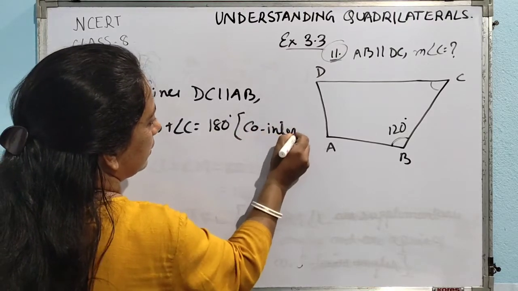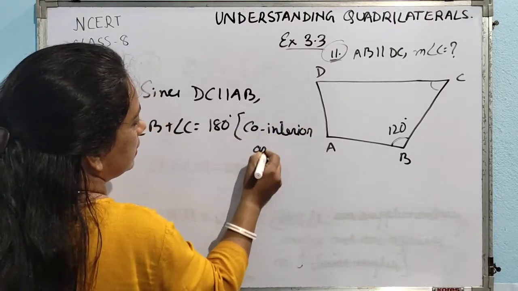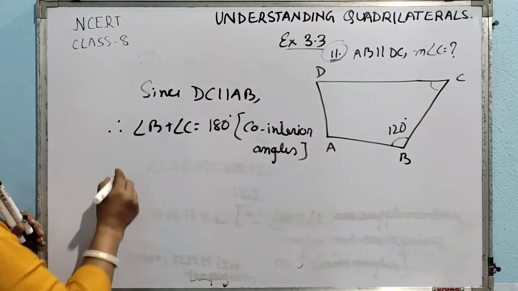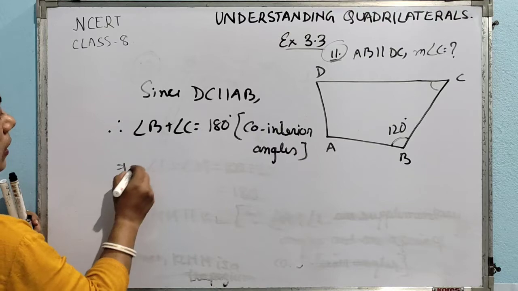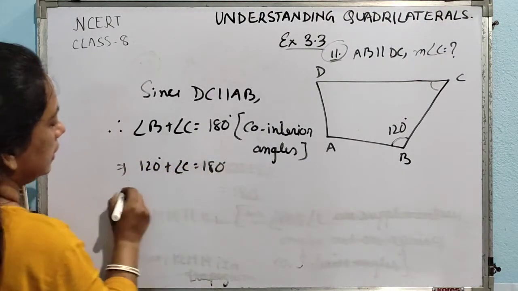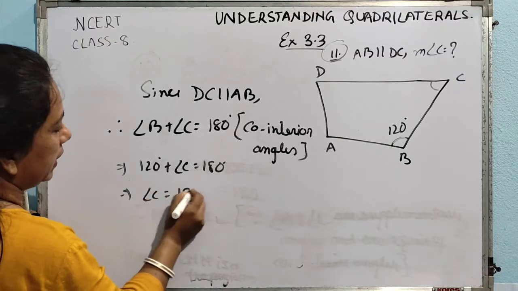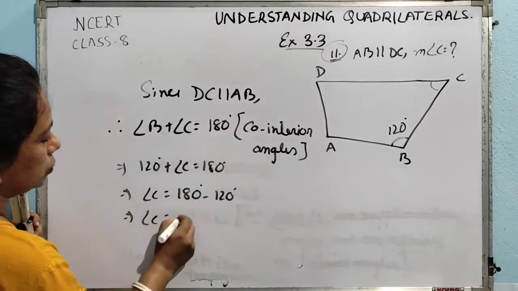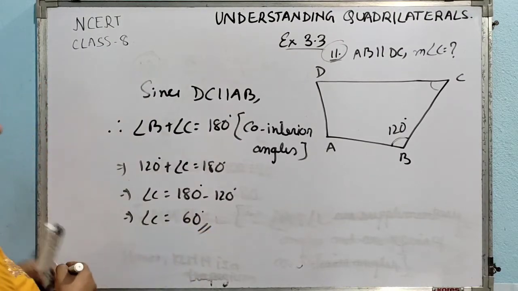Co-interior angles. They are parallel, so they are co-interior angles. So, B plus C, B is given to be 120 degree and we don't know the measure of C. So, angle C will be 180 minus 120. So, angle C is equal to 60 degree. Very simple. Done. Okay.